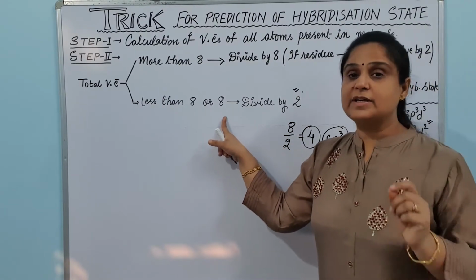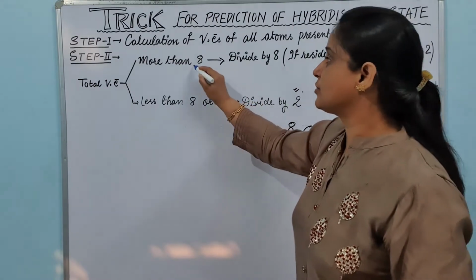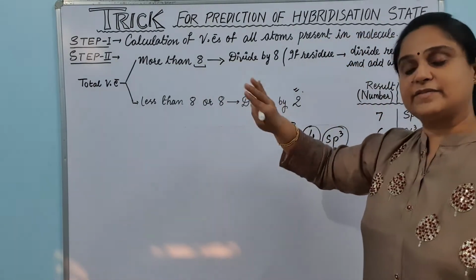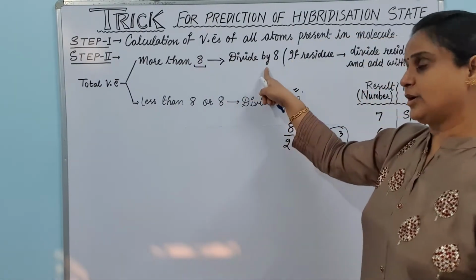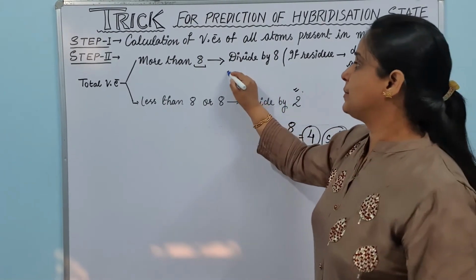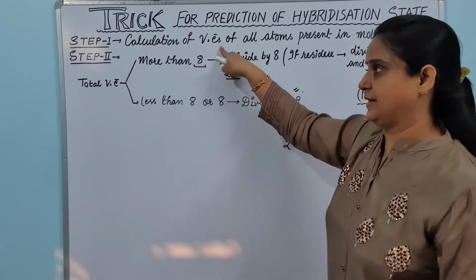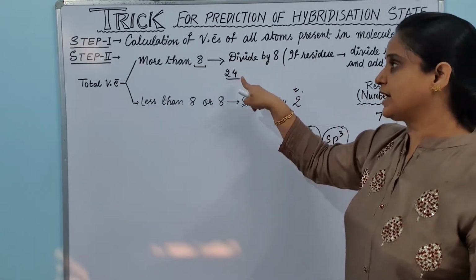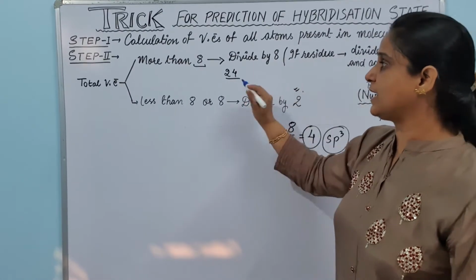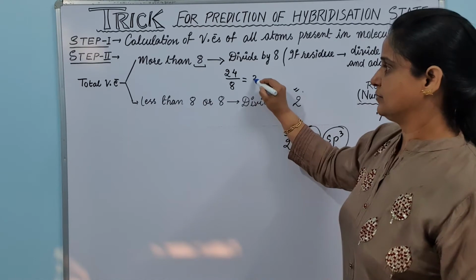But if the number of electrons is more than 8, then what to do? If the number of electrons is more than 8, you will first divide that number by 8. Suppose my answer is 24, meaning 24 valence shell electrons are there. You will divide that number by 8. So what is the answer here? 3.